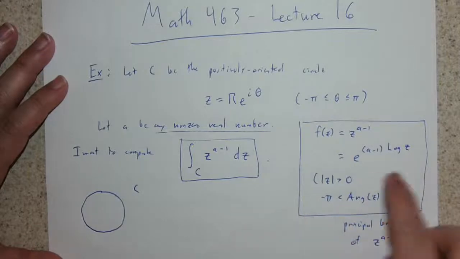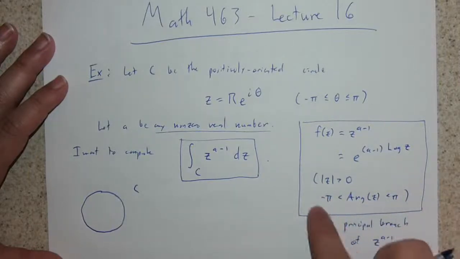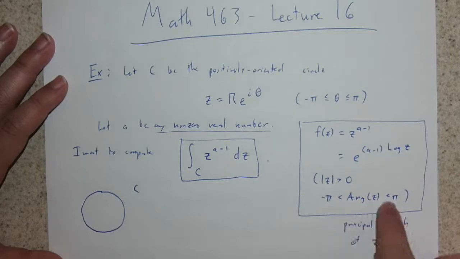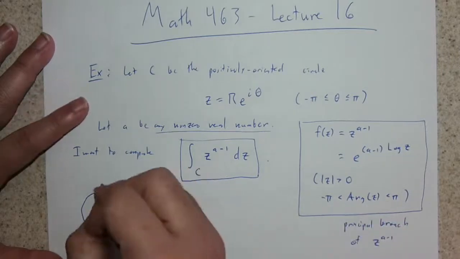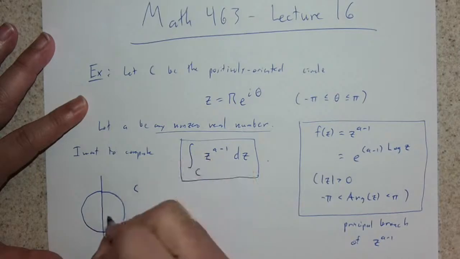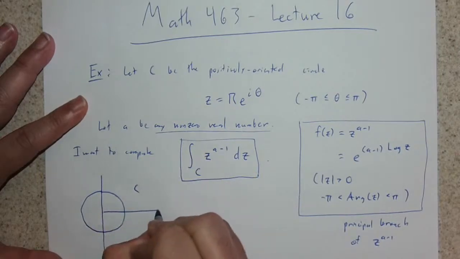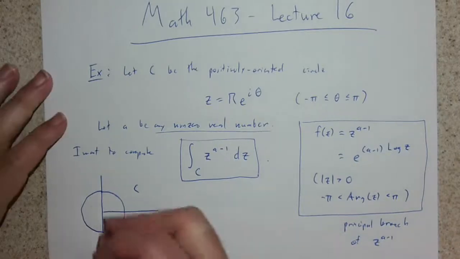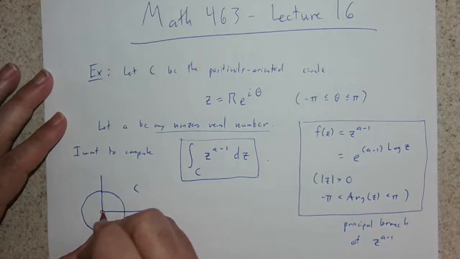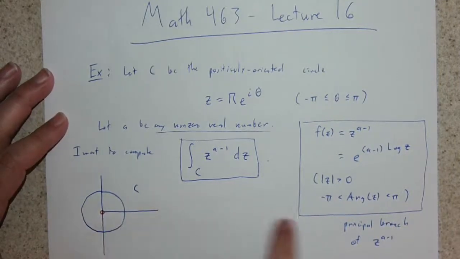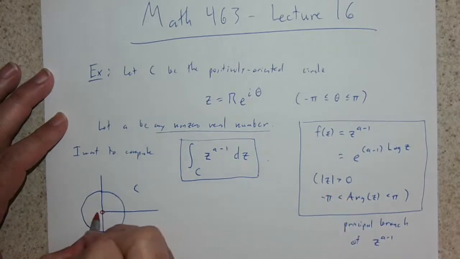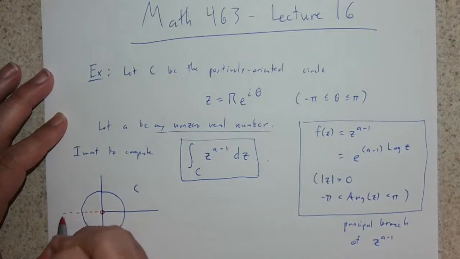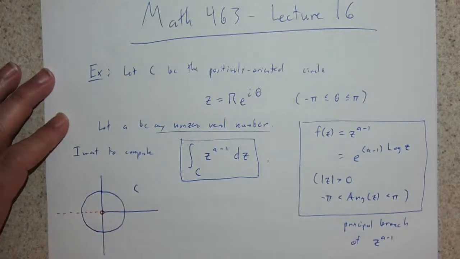But this principal branch, of course, has an issue. Three parts of the axes are okay, but the origin itself is actually a branch point here, and the negative real axis is a branch cut.